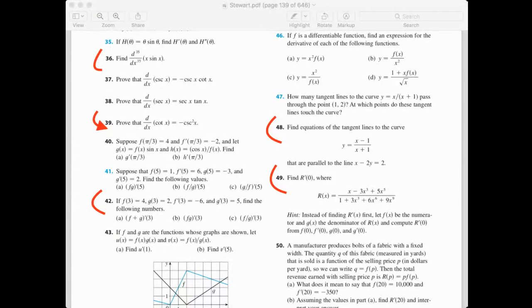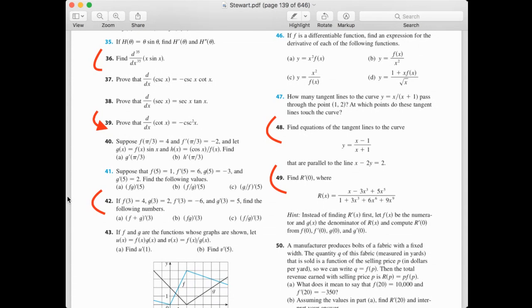So that's Jason. All right, next one, Angel, Denise. Hi. Okay, you want to try C? Yeah, 42C. What I used here is the quotient rule, which is f prime g minus f g prime over g squared.